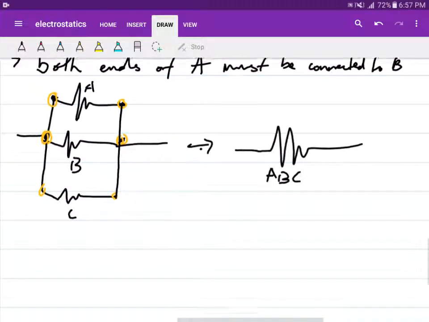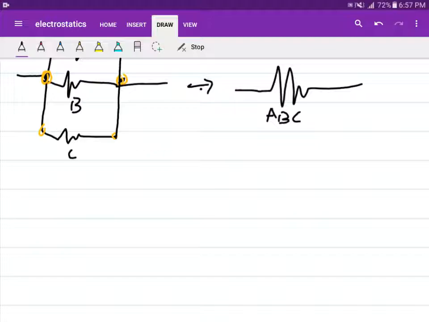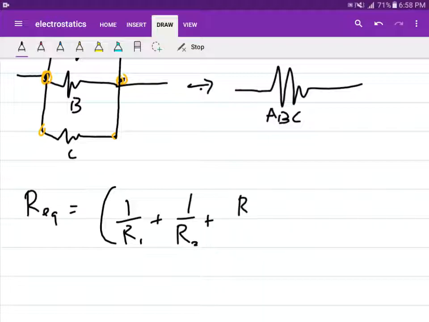For parallel connected resistors, the equivalent resistance is the inverse of the sum of the inverses: 1 over R1 plus 1 over R2 plus, up to 1 over Rn, and then take the inverse.